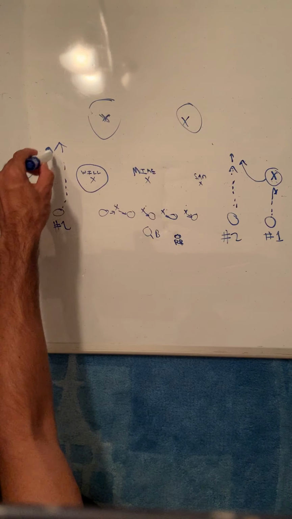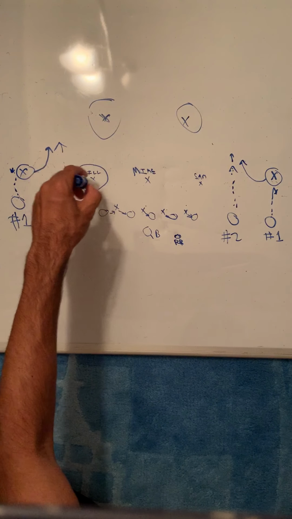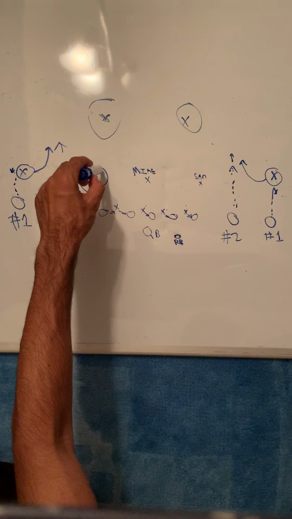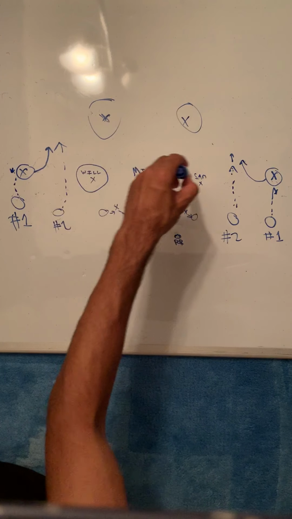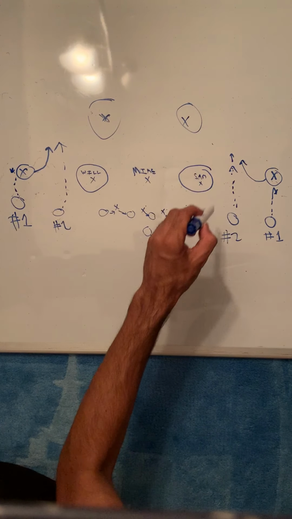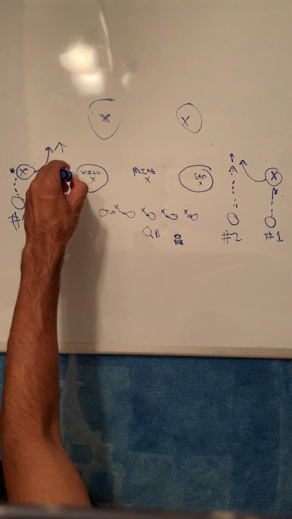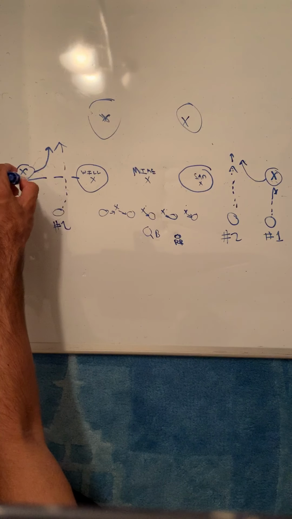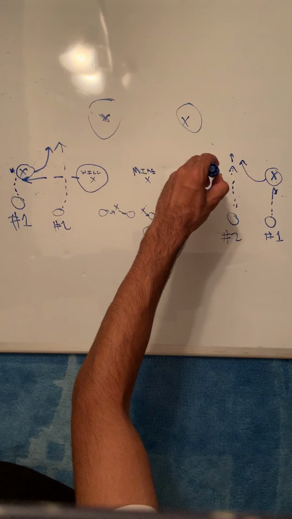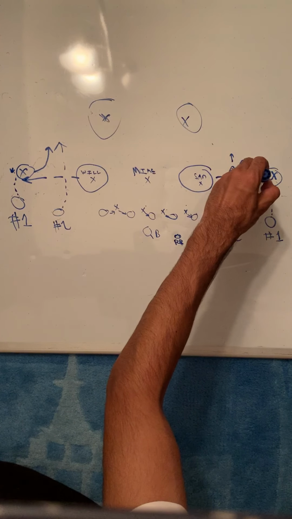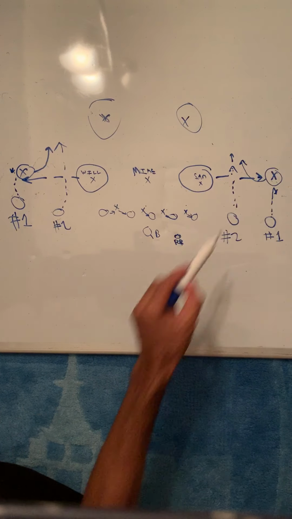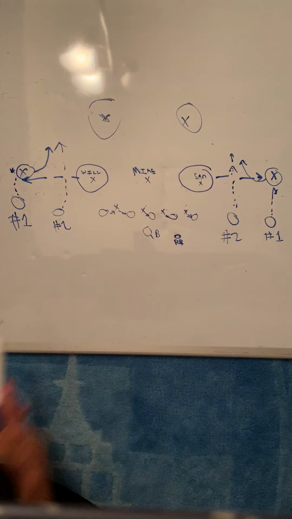When he does that, when he slides, that code word is going to signal this weak side linebacker and this strong side linebacker to slide to this hitch route. And these guys are going to have the flats now. Weak side, strong side, right?